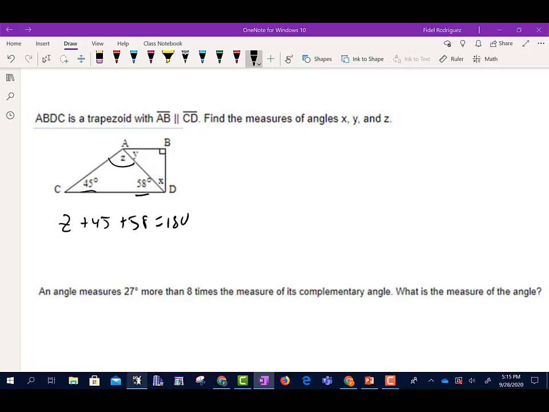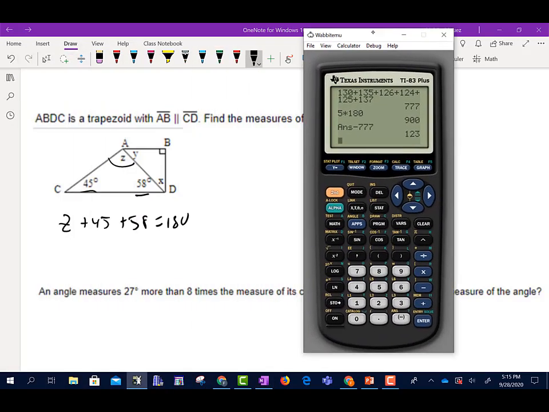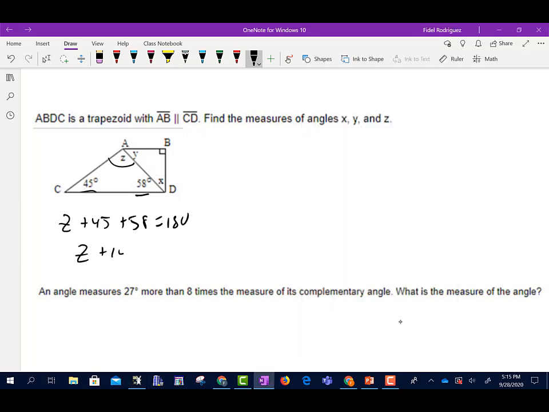So first thing I'm going to do is figure out what's 45 plus 58. That's 103. So Z plus 103 equals 180.